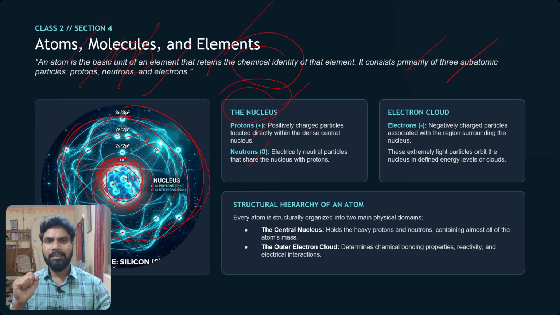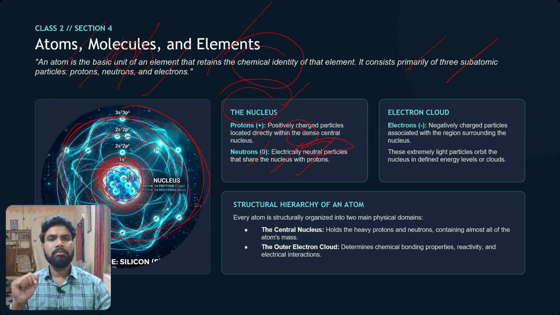They are located directly within the dense central nucleus. Those are protons. Then neutrons are electrically neutral. They do not have any charge. That's why they are called neutrons. But remember, they have mass. They share the nucleus with the protons. So in the nucleus, you will find both protons and neutrons.